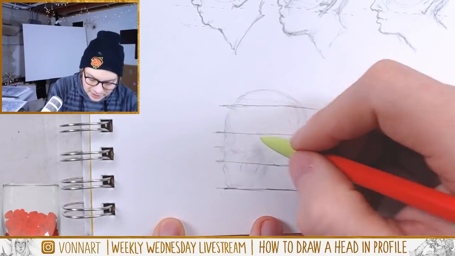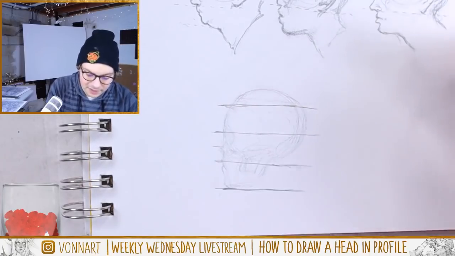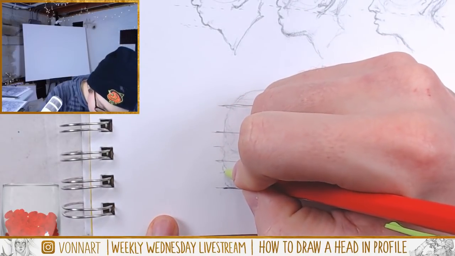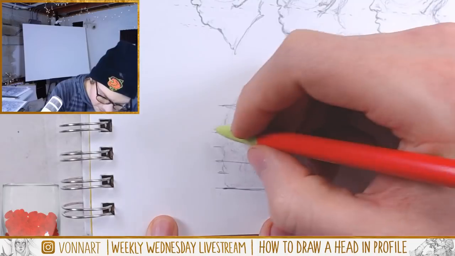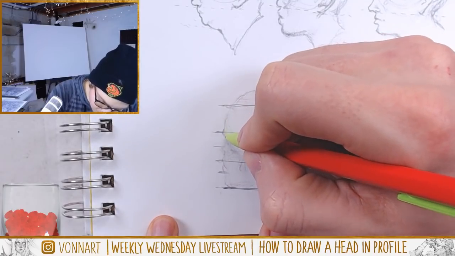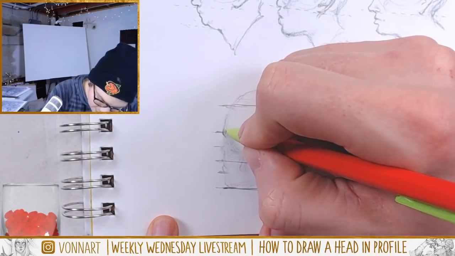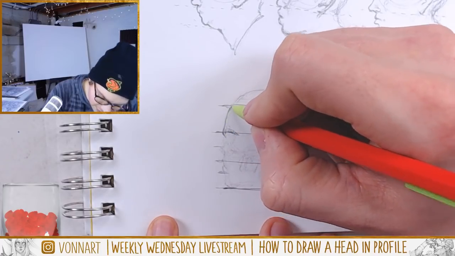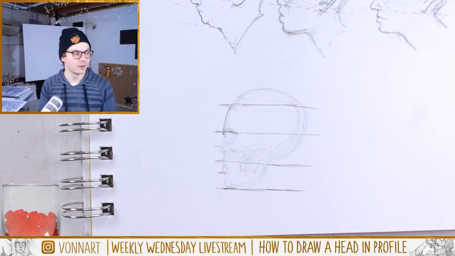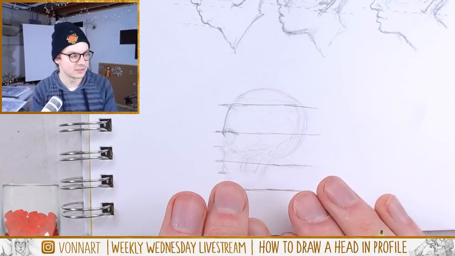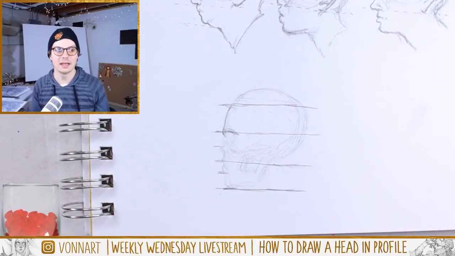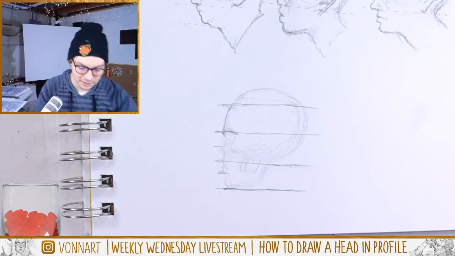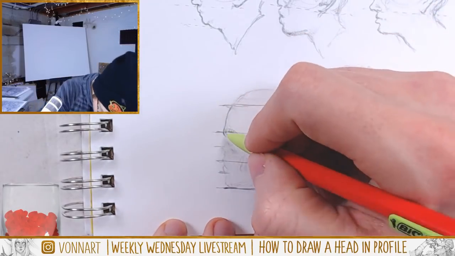Okay, so with these lines set up, from there I can place a mouth line. I know that the brow will be right there because that's where the brow line is. You can see how with these foundations in place, you can build on top of them and be reassured that these will be accurate and proportional.